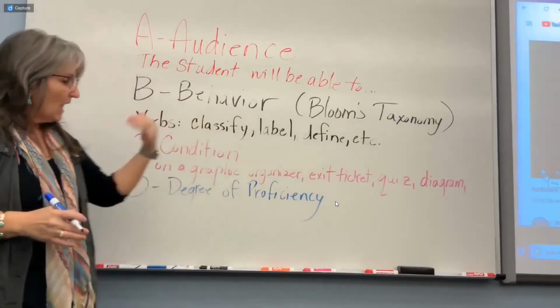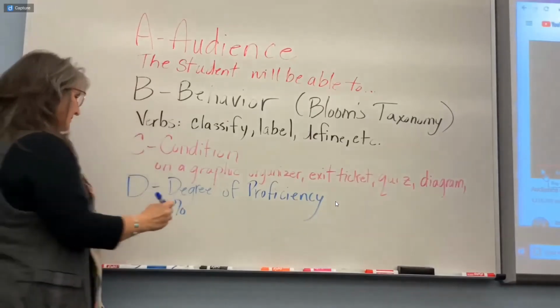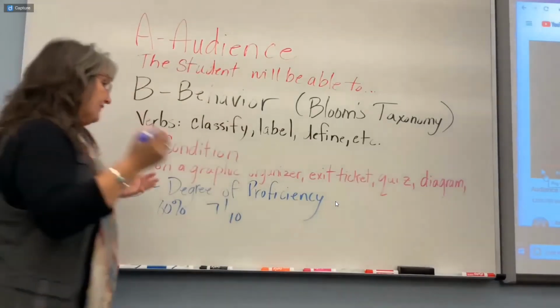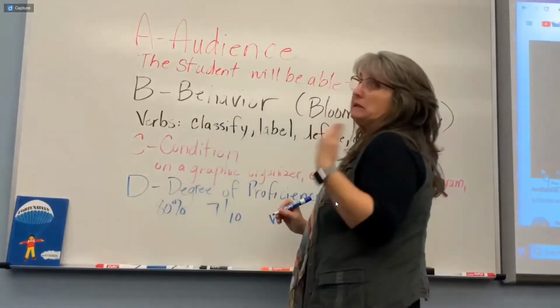So this could be many things. It could be things like 80%. It could be 7 out of 10. It could be even a word like without error, which would be 100%.